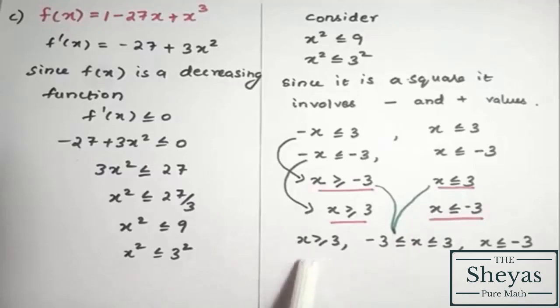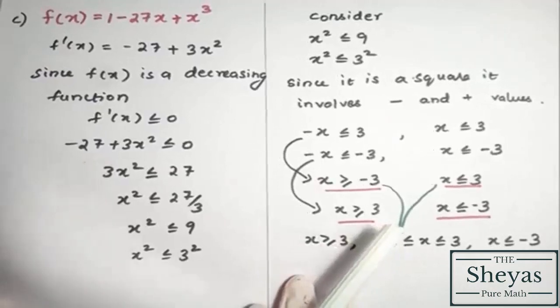Here for x greater than or equal to 3, the condition is invalid, and for x less than or equal to minus 3, the condition is again invalid, and for minus 3 less than or equal to x less than or equal to 3, f dash of x less than or equal to 0 is satisfied.